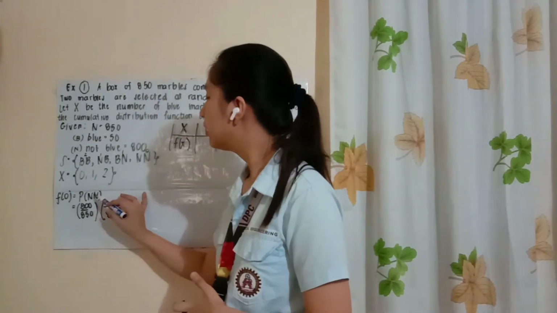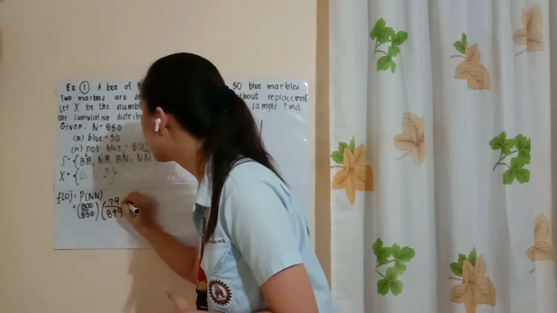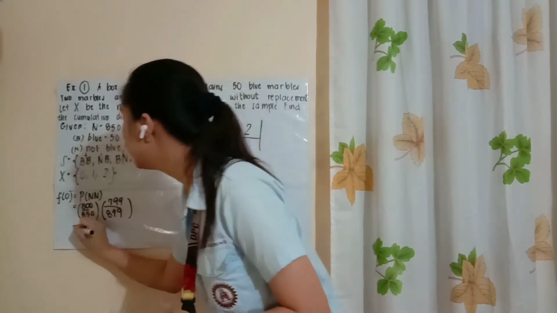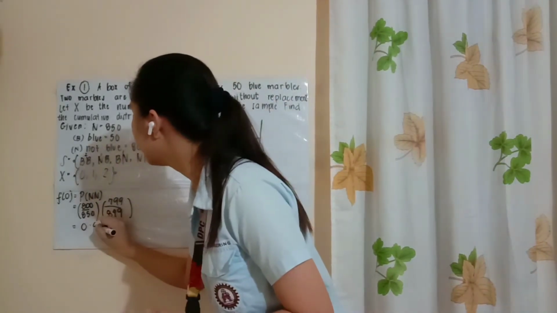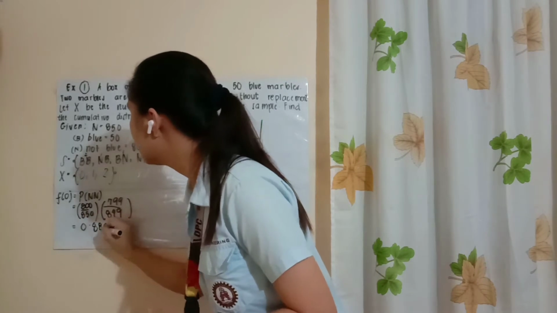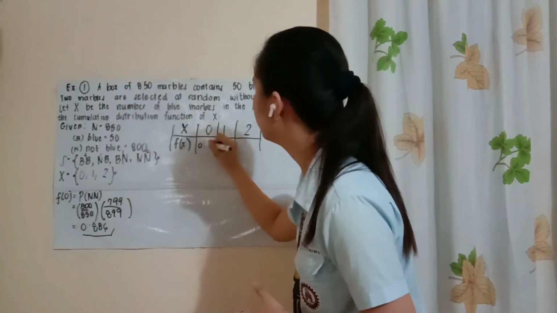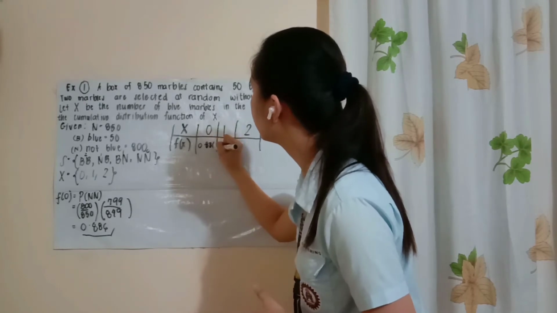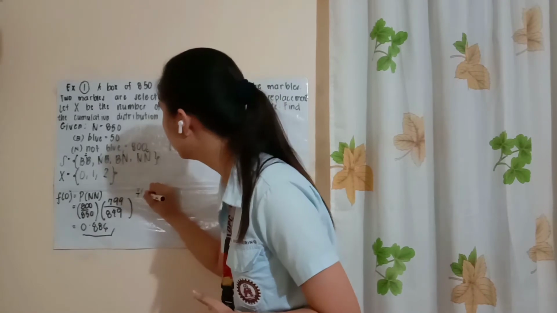So, kung yung not blue na pili natin ng una, syempre magiging 799 na lang siya. So, pag pinag-multiply natin to, we will get 0.886. So, ito na yung magiging probability natin for 0.